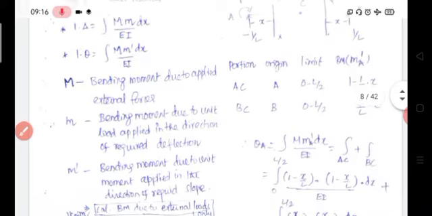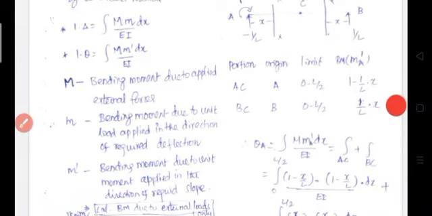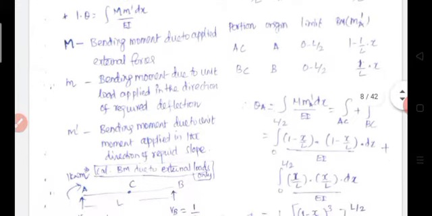Rotation is equal to the integration of capital M small m dash dx divided by EI, where capital M is the bending moment due to the applied external force, small m is the bending moment due to unit load applied in the direction of required deflection, and m dash is the bending moment due to unit moment applied in the direction of required slope.